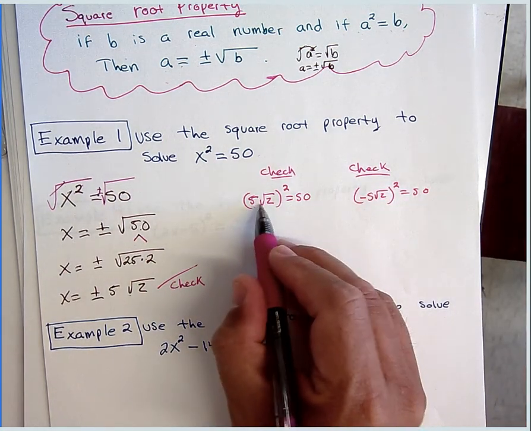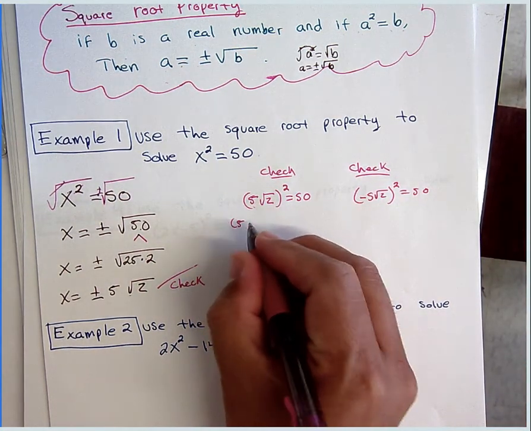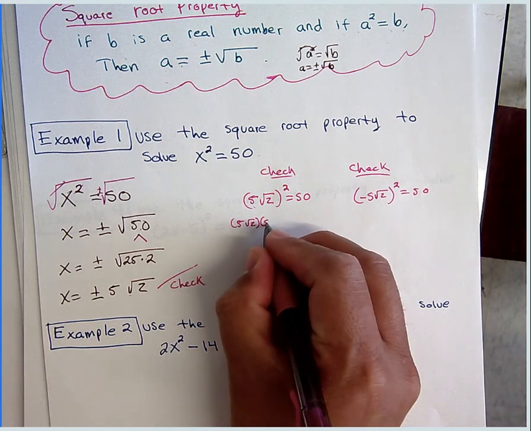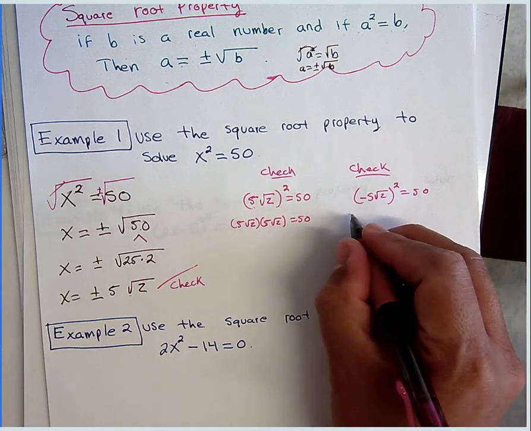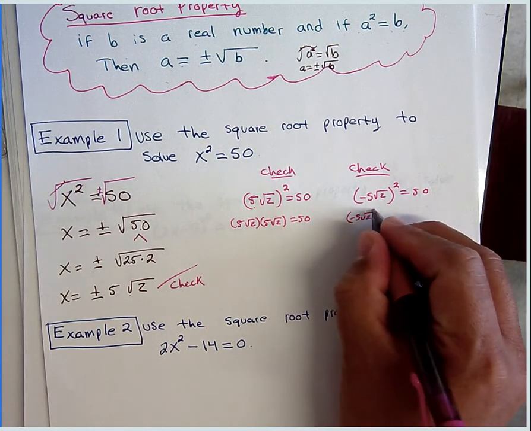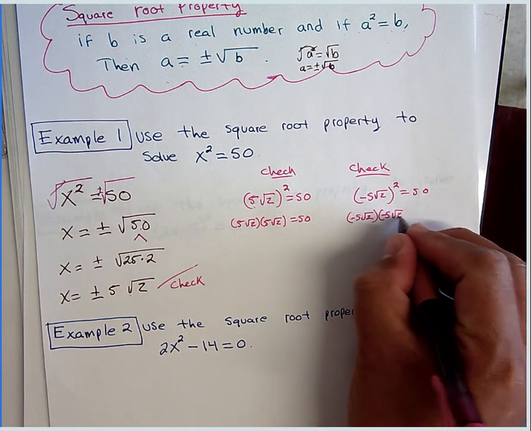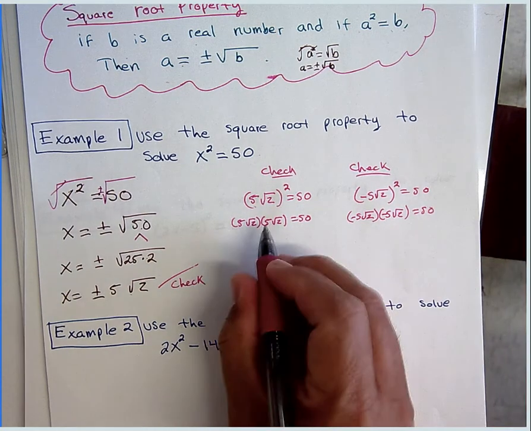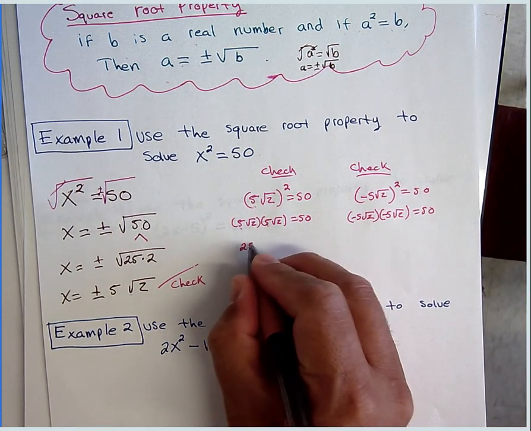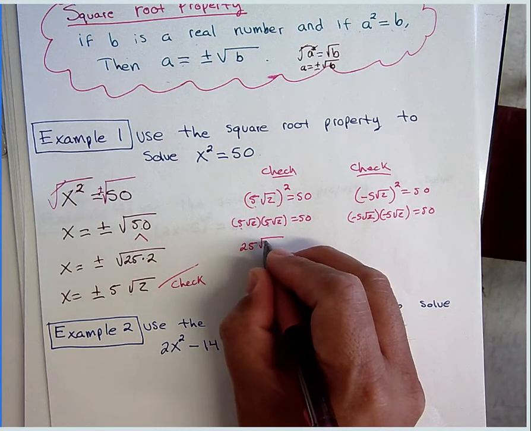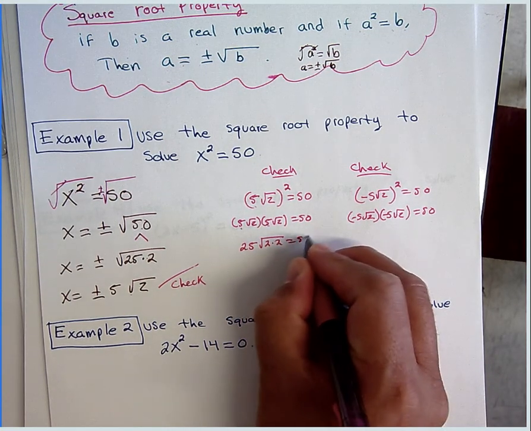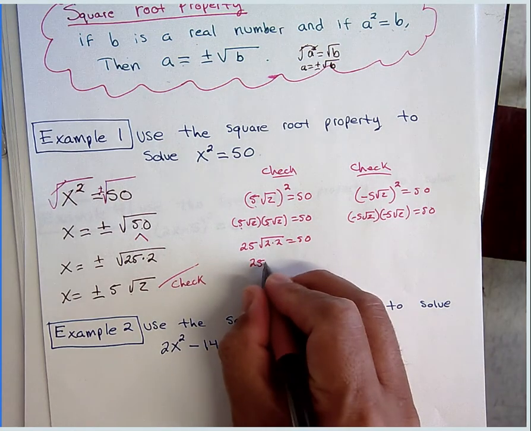So you're multiplying these twice. 5 times 5 is 25. Square root of 2 times square root of 2, they're both positives, I'm going to put them inside like this. So 25 times the square root of 4.